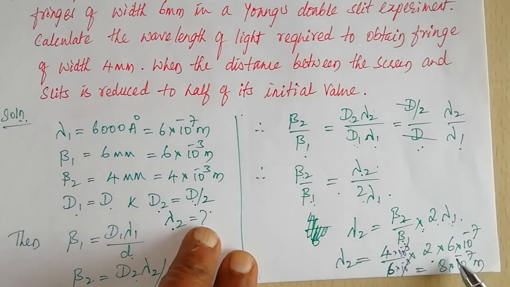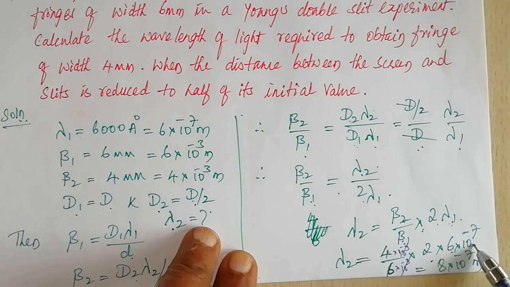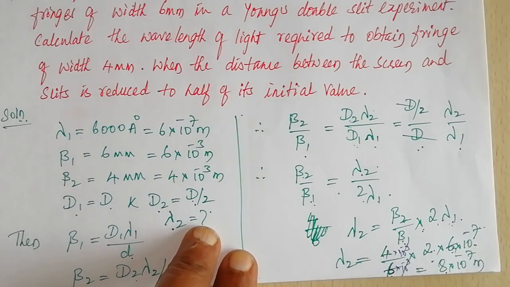Lambda 1 is 6 into 10 raised to minus 7. Therefore 4 by 6 into 2 into 6 into 10 raised to minus 7. So 6 cancels 6, 4 into 2 is 8, 8 into 10 raised to minus 7 meter.